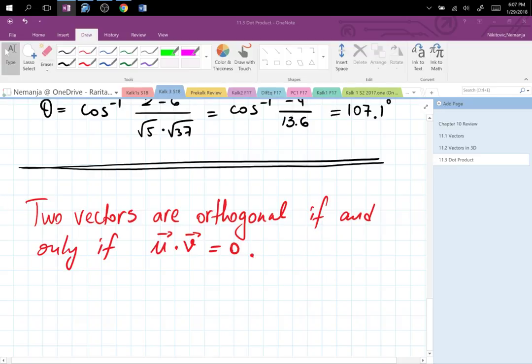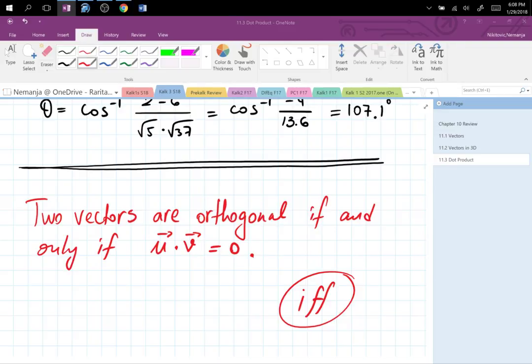The statement if and only if can be shortened to IFF.